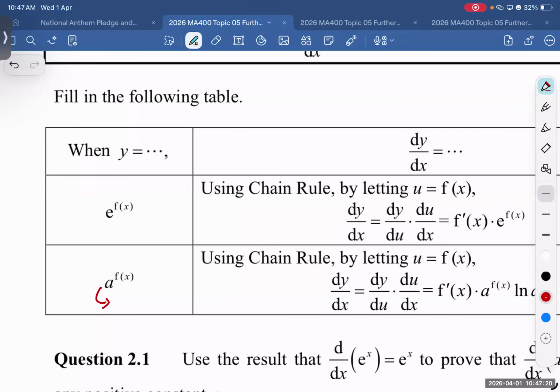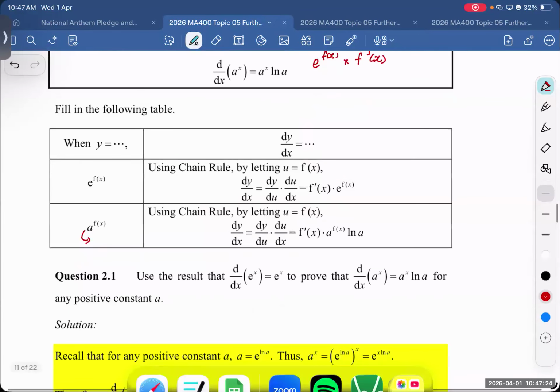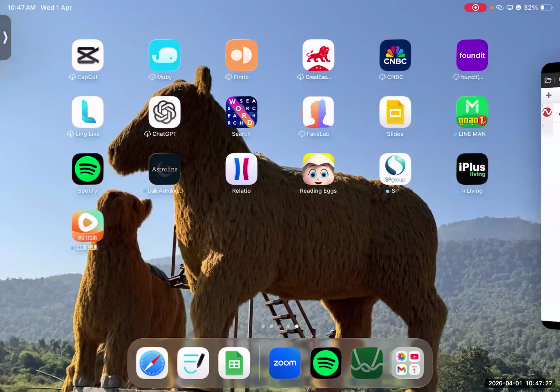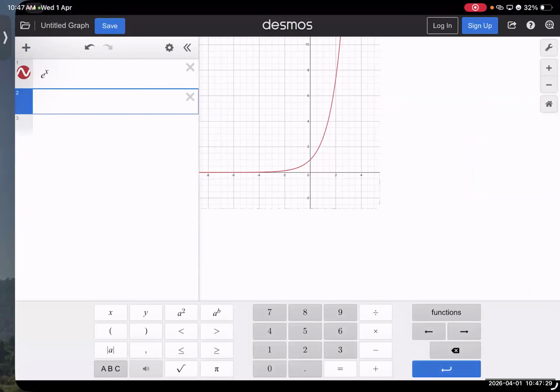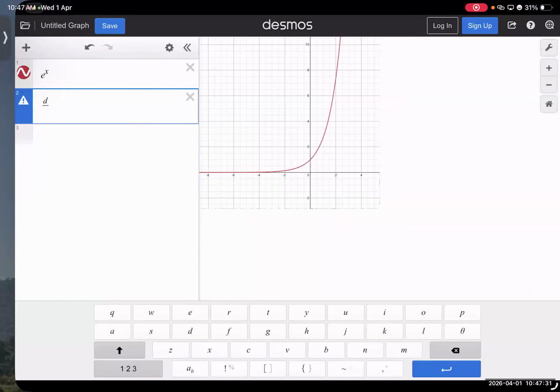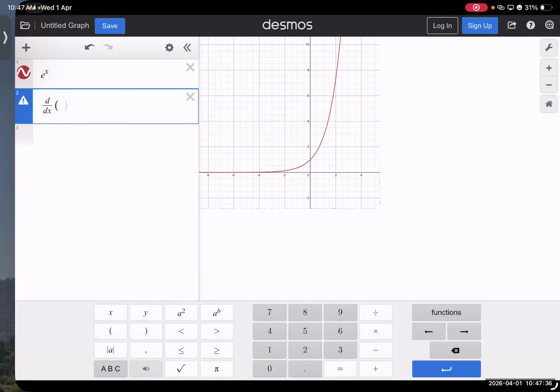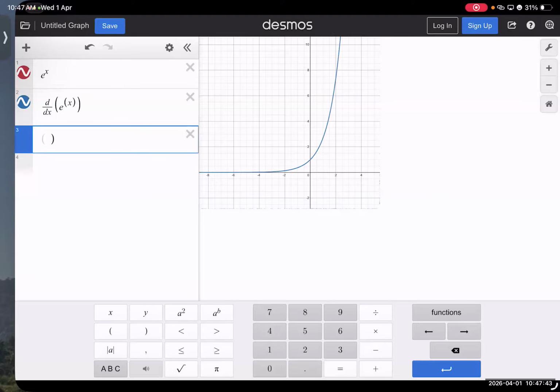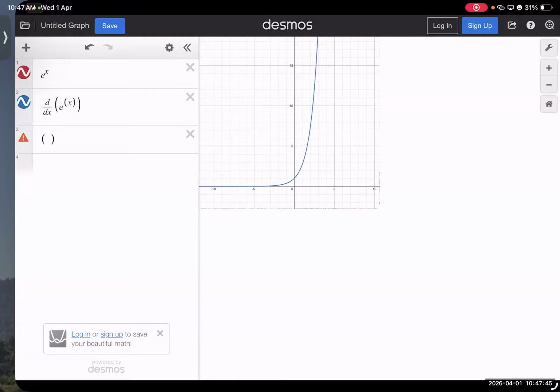The proof actually can be done by first principle. But if you see e power x, you just observe. The idea is that the gradient function of an exponential graph is actually also exponential. Can you see it's the same? They're the same graph.